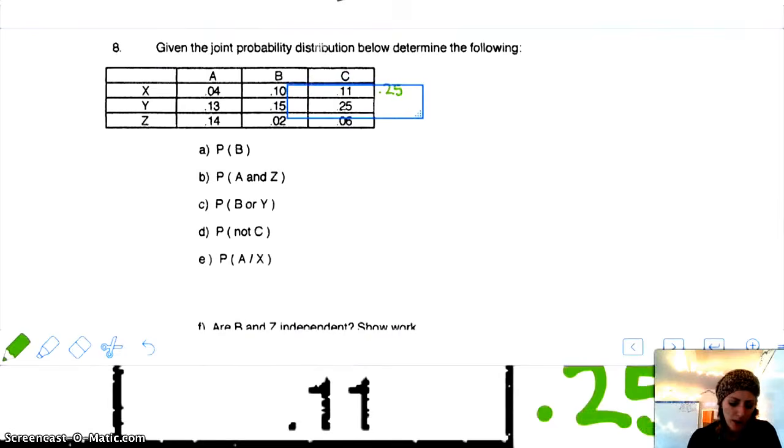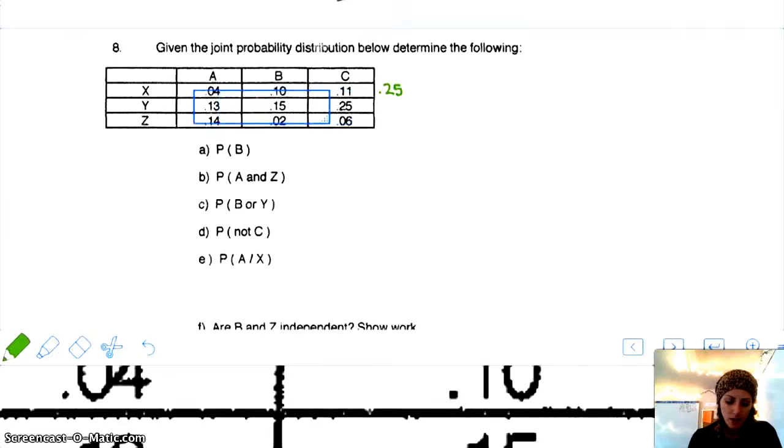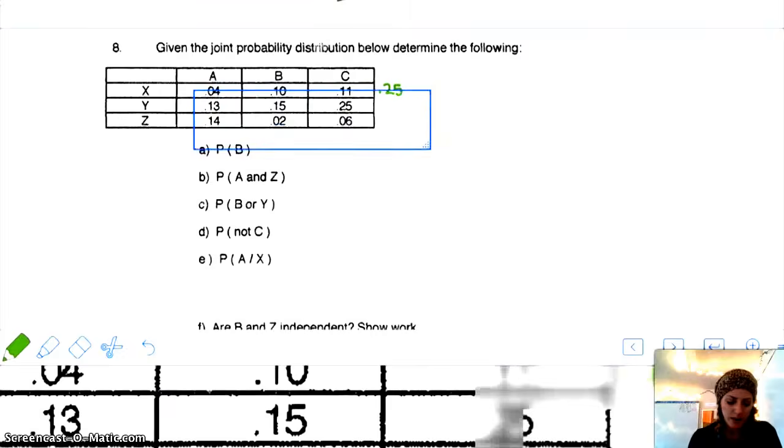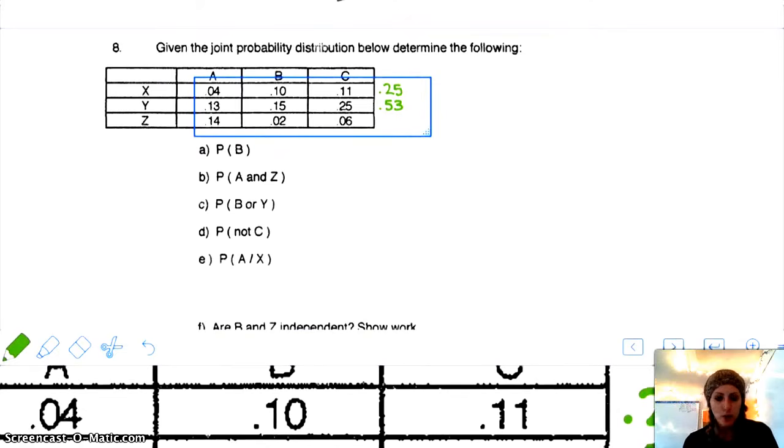My total Y is 0.15 plus 0.25 plus 0.13, which is going to end up being 0.53, and then the probability of Z is 0.14 plus 0.08, so 0.22.